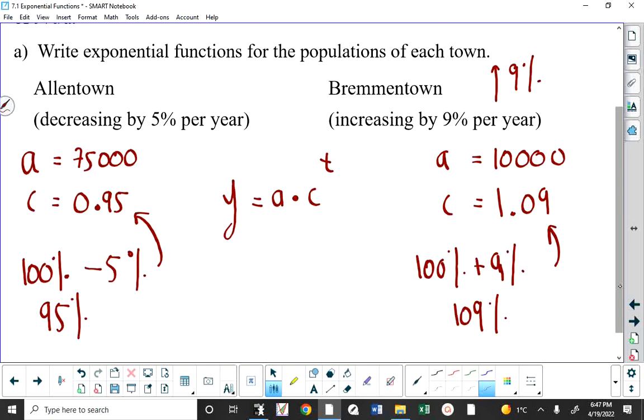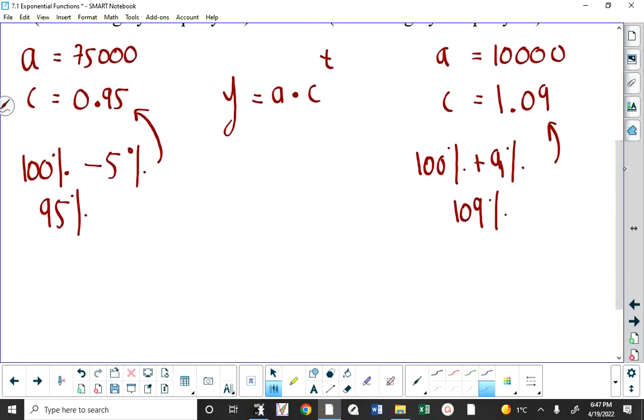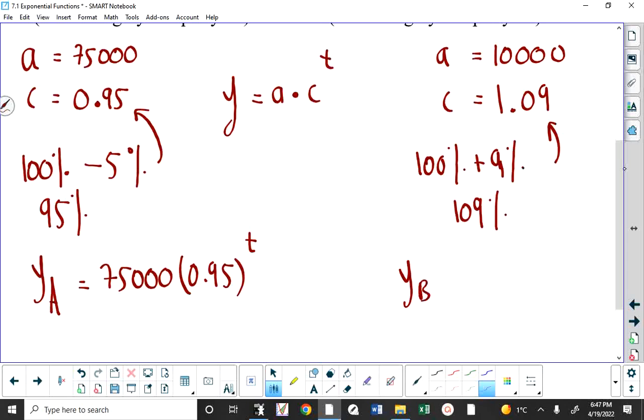So what does this mean? It means that Allentown's population, the population of Allentown, is going to be 75,000 times 0.95 raised to the t. Brementown's is going to be 10,000 times 1.09 raised to the t.